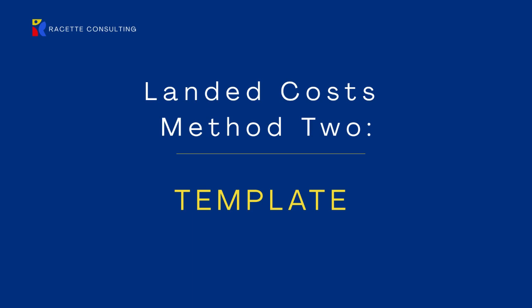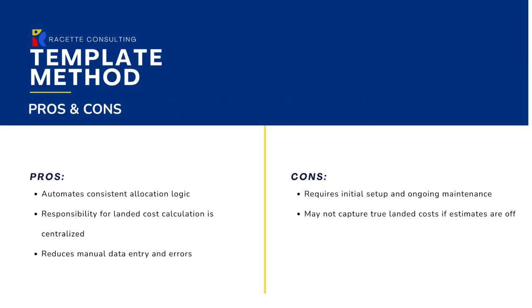The next option we have is using a landed cost template. For the landed cost template method, there are pros and cons. The first pro is it automates consistent allocation logic. You are putting the responsibility for landed cost calculation in a centralized form.